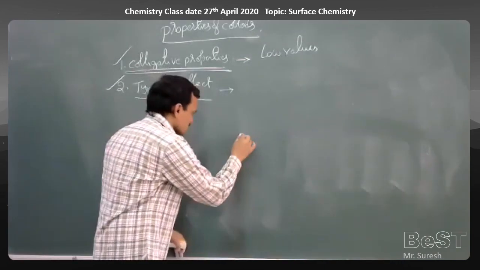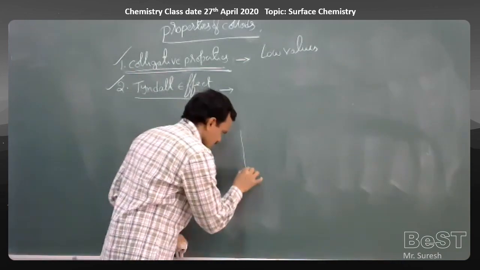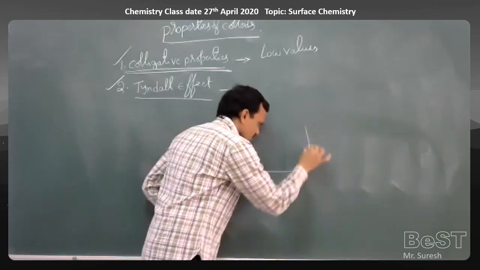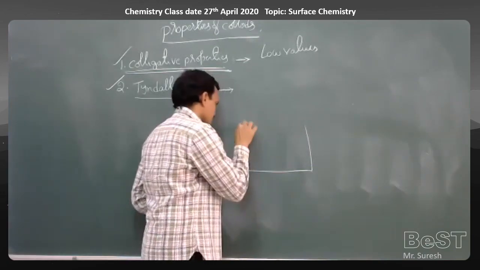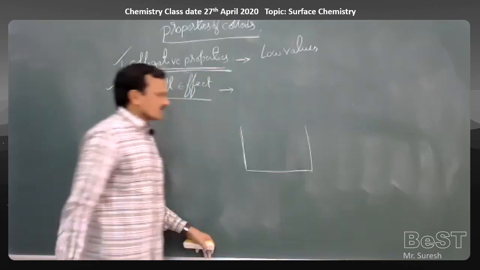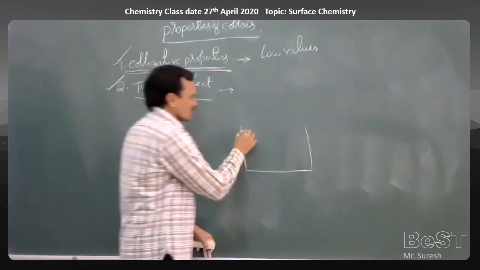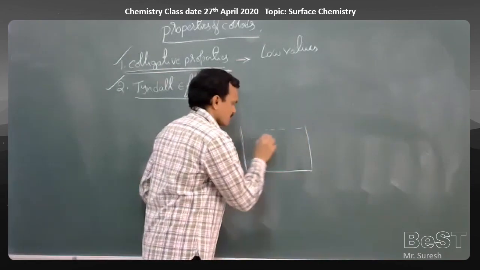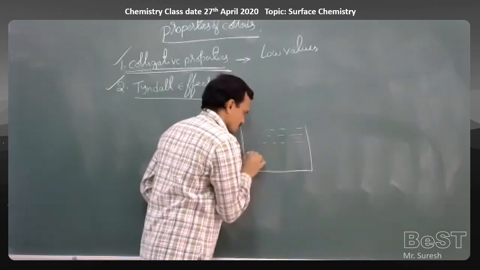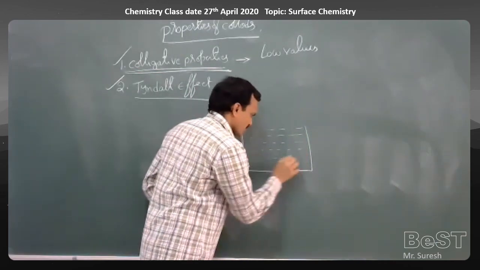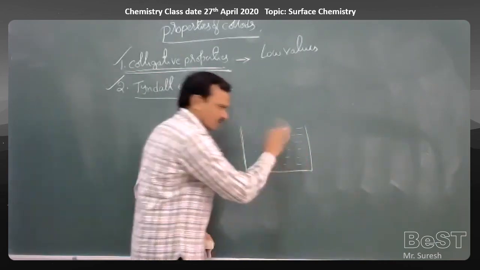Let us see a simple experiment here. Take some colloidal solution in a beaker, either starch colloidal solution or milk or any other colloidal solution, such as gold colloid, any one colloidal solution.